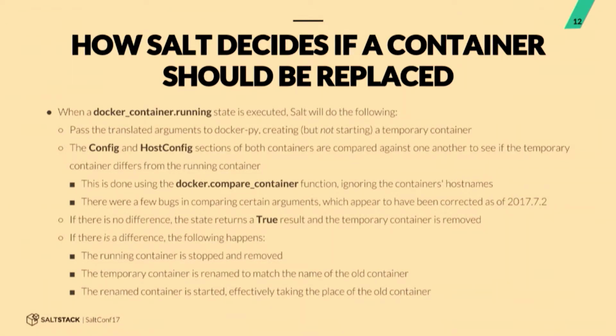It's available to be used if anybody wants to use it, but it's primarily just to be used in the docker_container.running state. And if we don't find any differences, we just remove that temporary container without ever having started it. And if there are differences, we will stop and remove the old container, and then rename the new one and start it up, and it'll take the place of the old one.